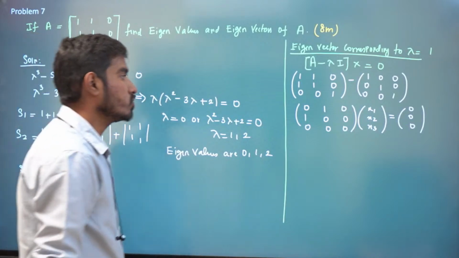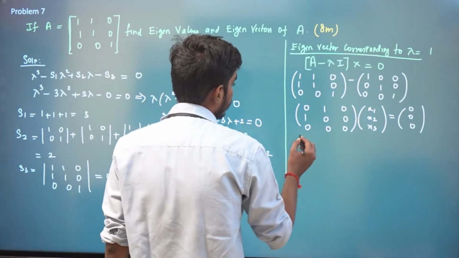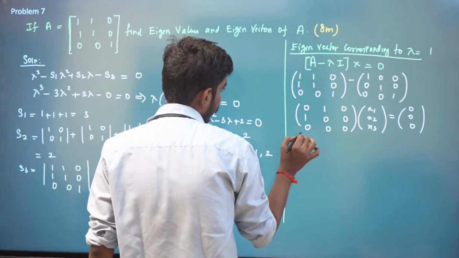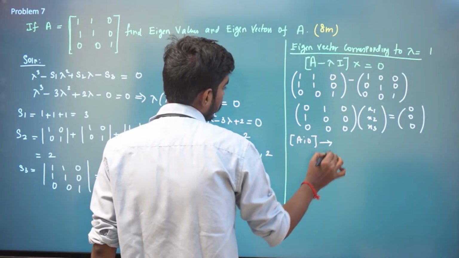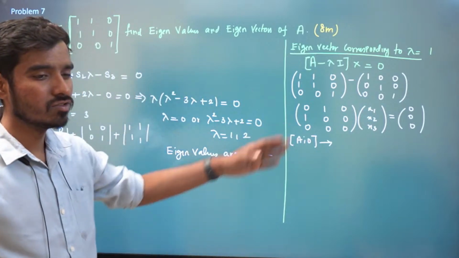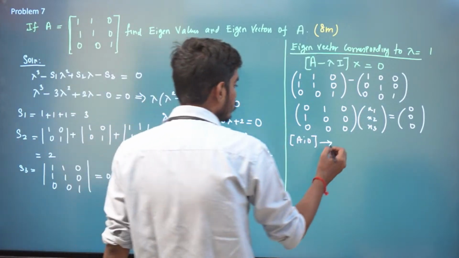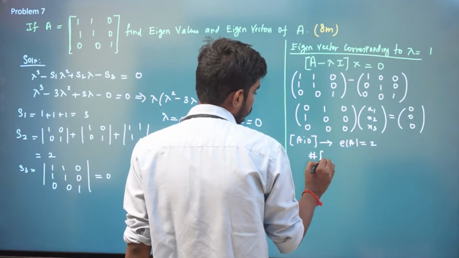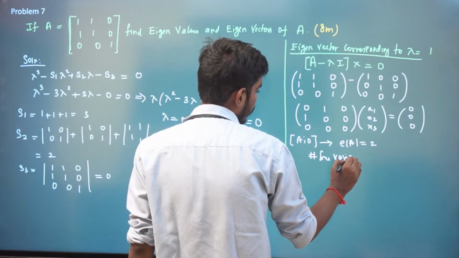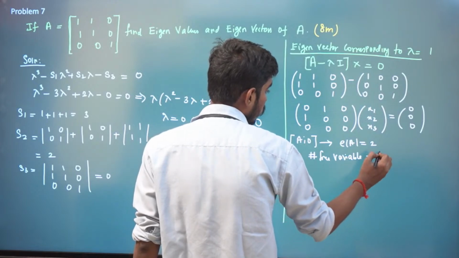Now solve for x1, x2, x3. You can see the rank of this matrix is 2. If you form the augmented matrix, you just have to solve this homogeneous system of linear equations. Here the rank is 2, so the number of free variables will be 1.